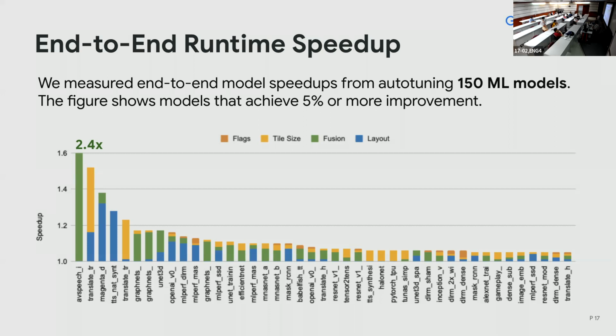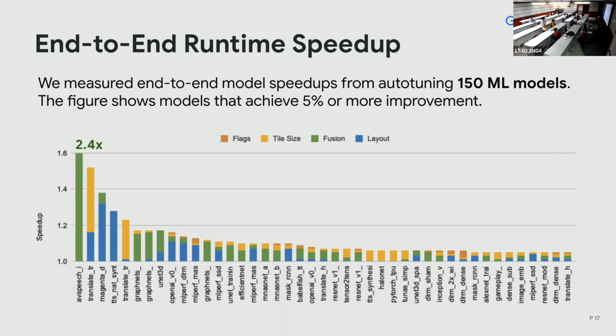And this chart shows the workloads that achieve 5% or more improvement. And you can see that some of the workloads, like the first one, AV speech, we gain up to 2.4 times speed up over the baseline, which is the default production compiler. And a good number of benchmarks, about 13% of the benchmarks in this benchmark suite, gain more than 10% speed up.